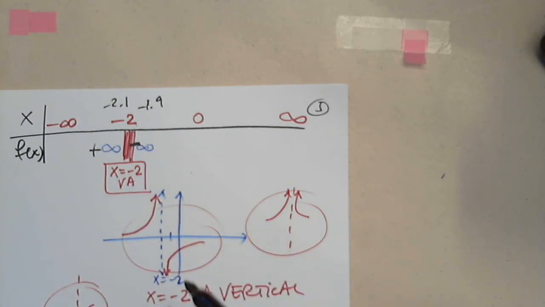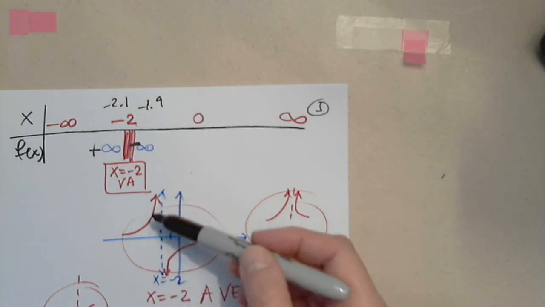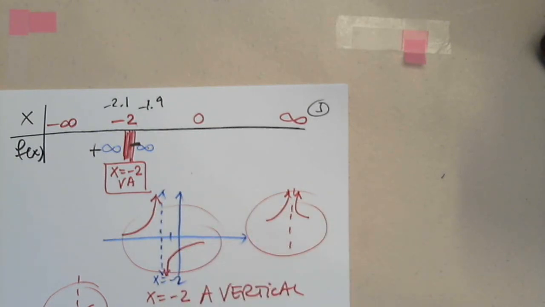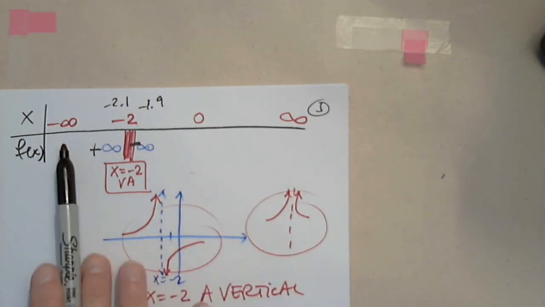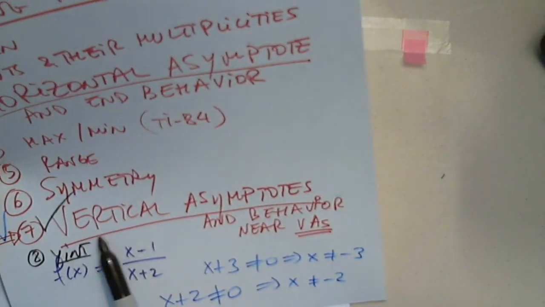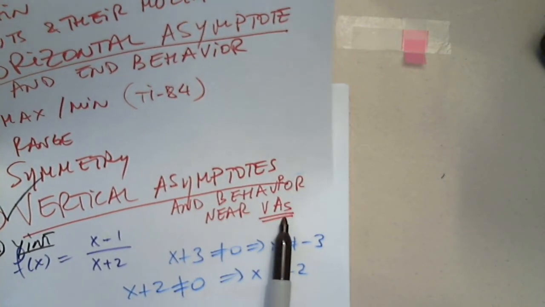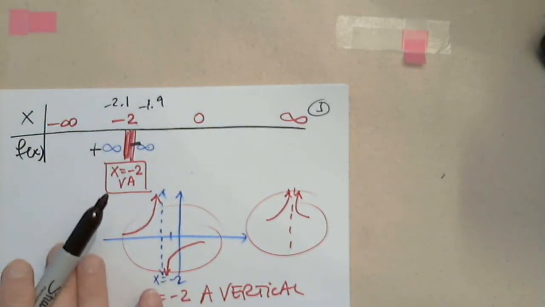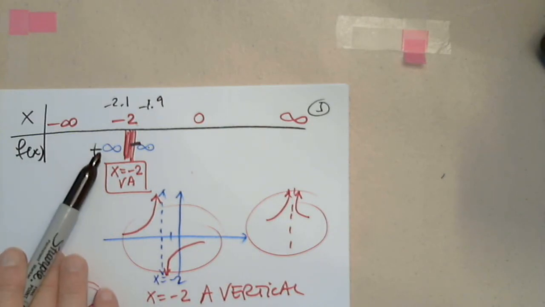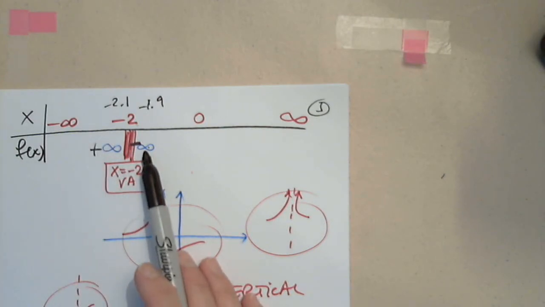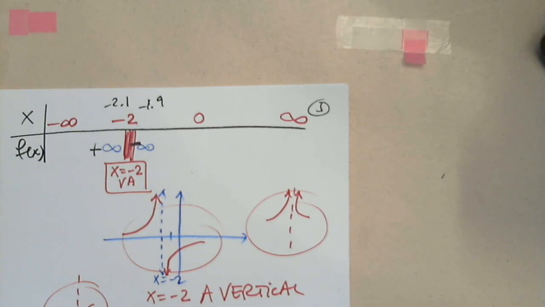It's x equals negative 2, the vertical line. And then the end behavior is... No, we haven't gotten to the end behavior yet. We're only talking about number 7, vertical asymptotes and behavior near the vertical asymptote, which is positive infinity on the left and negative infinity on the right. Okay, sorry, I read it wrong.